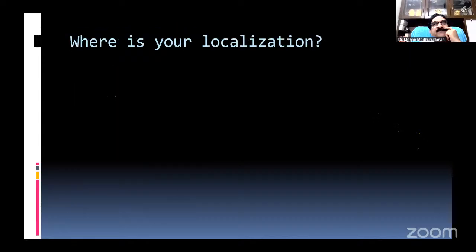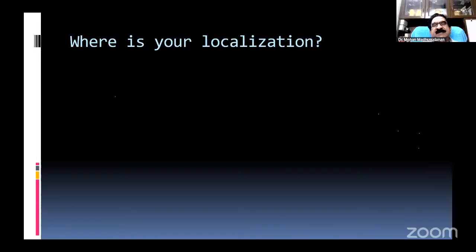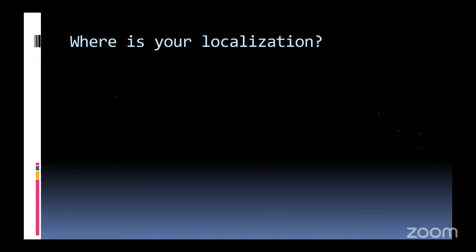So where is the localization and probable etiology in this patient? So we have to explain two levels of lesion. Exactly, two levels. Perfect. What is the present level? Present level is above D6, sir.